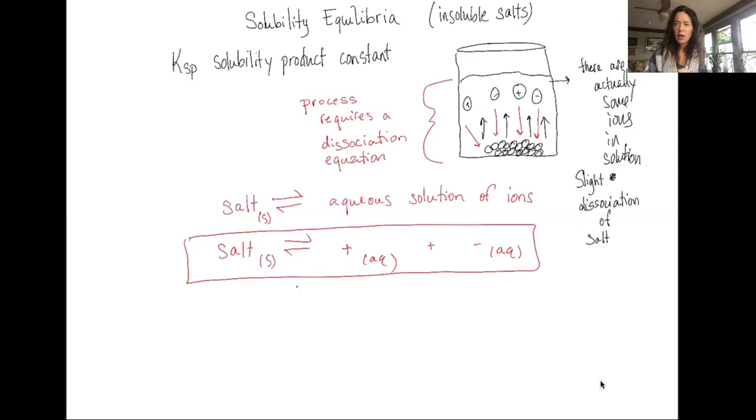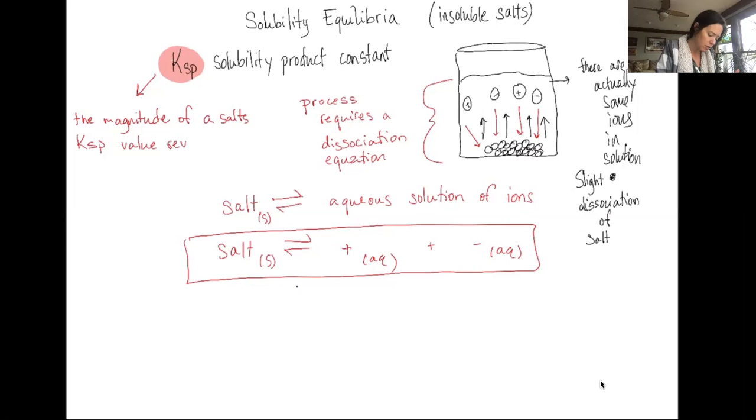Okay. So for example, and these are for insoluble salts, salts that are said to not dissolve. Aluminum phosphate, right? When you put aluminum phosphate in water, it doesn't dissolve. However, aluminum phosphate has a KSP value, which reveals the magnitude, that means how high or low, of a salt's KSP value reveals the extent to which it dissociates, right?